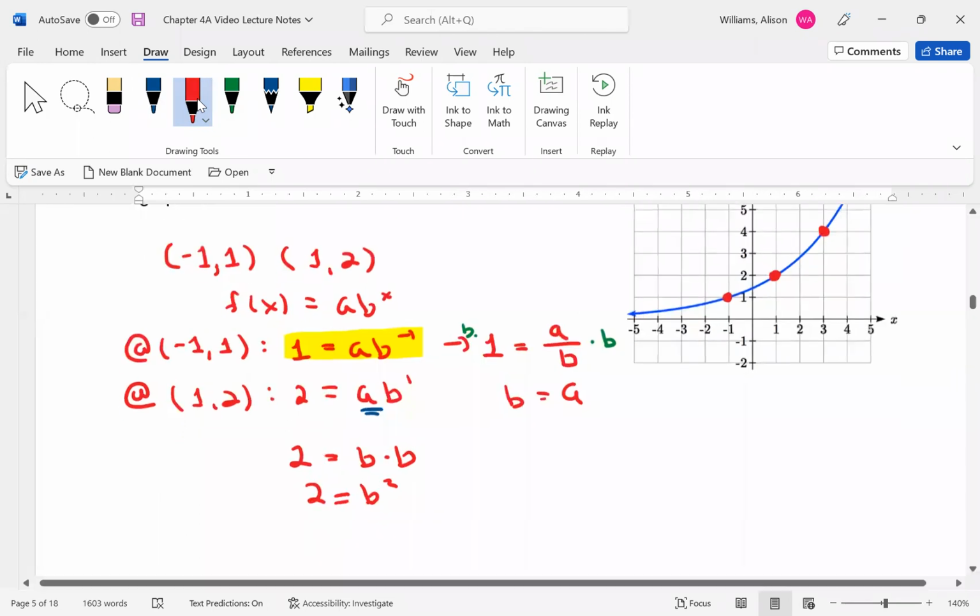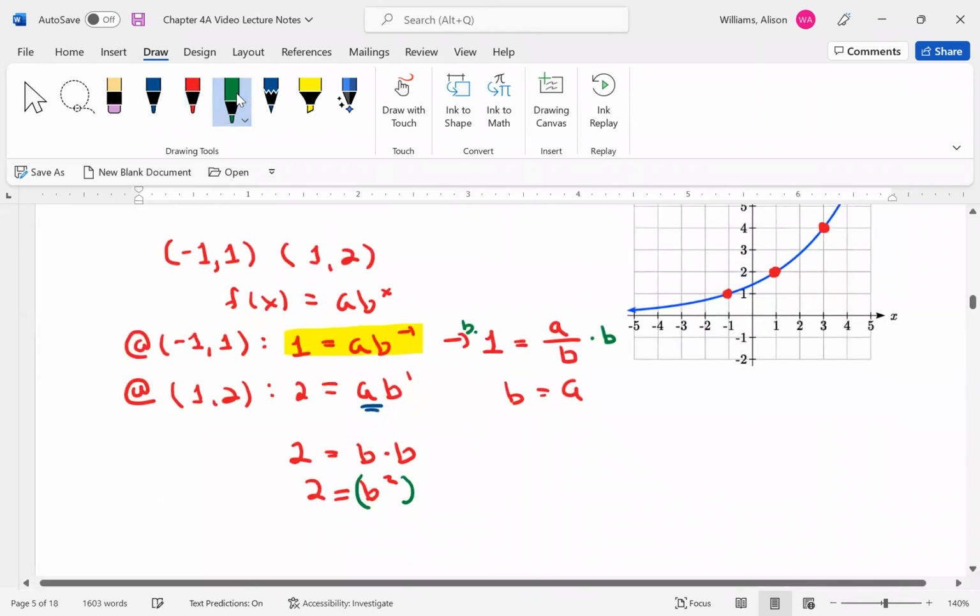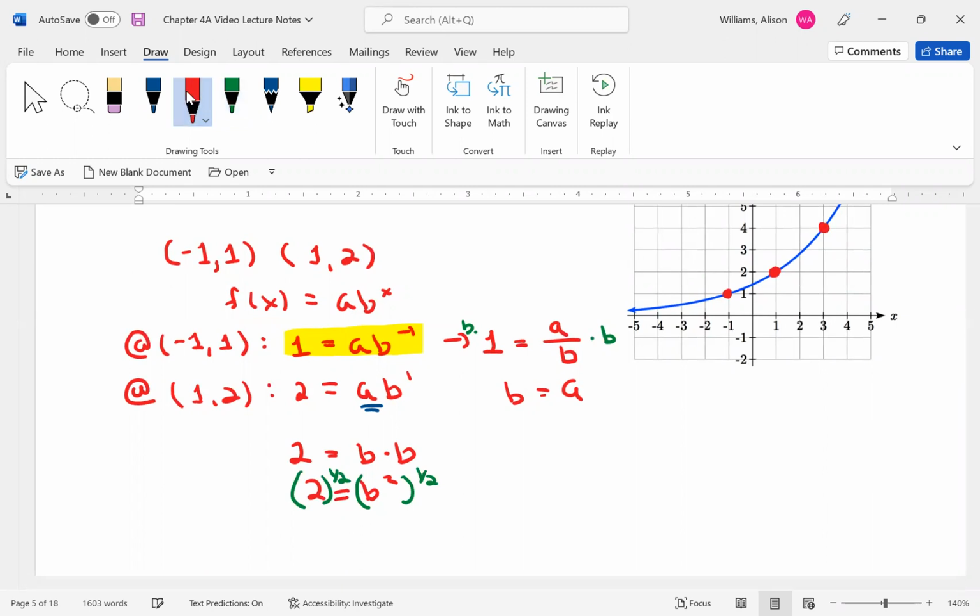If I raise both sides to the 1/2, or just take the square root, because this is a square root situation, the square root of 2 is 1.4142. That's b. Now, technically, it is plus or minus.